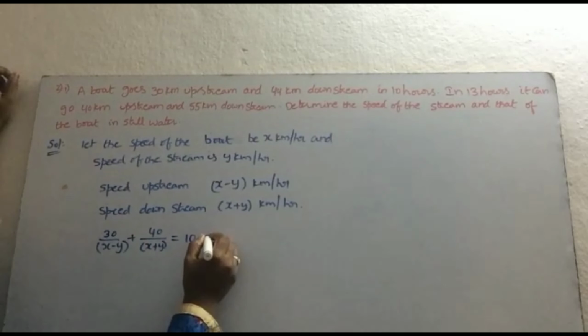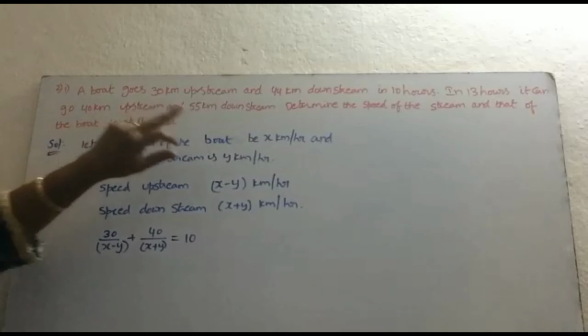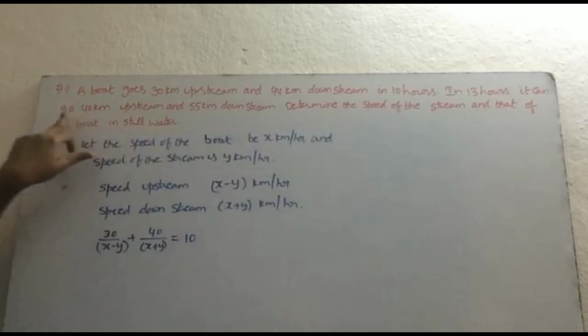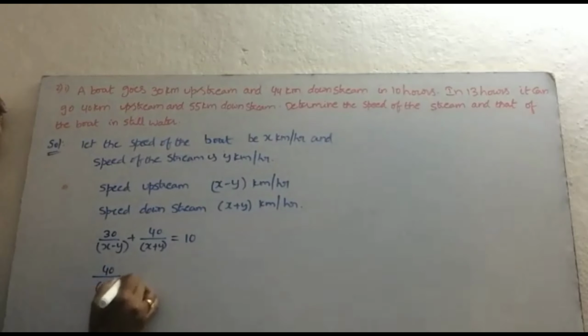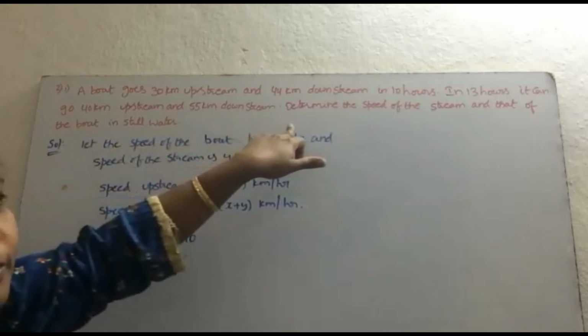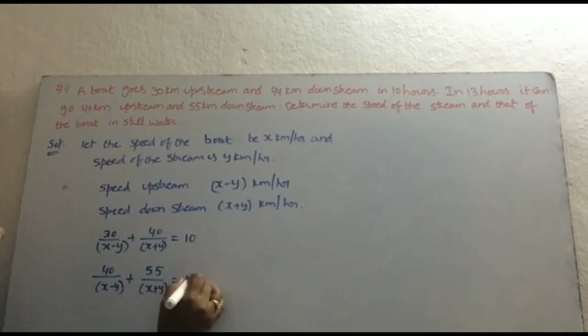And the second one, in 13 hours it can go 40 kilometers upstream. That means 40 by x minus y and 55 kilometers downstream. That means 55 by x plus y is equal to 13 hours.